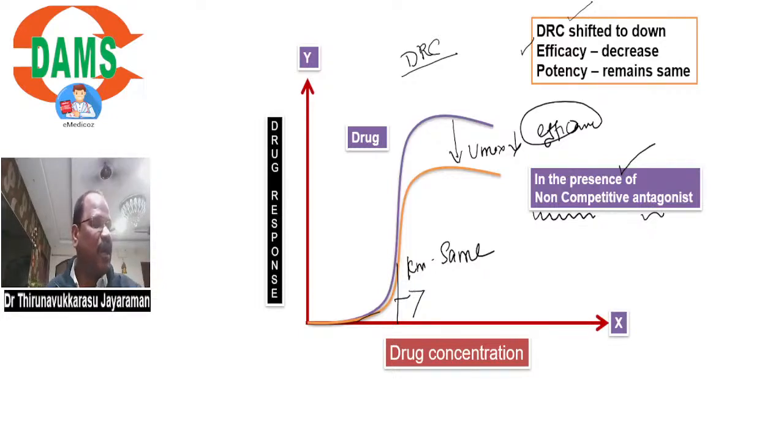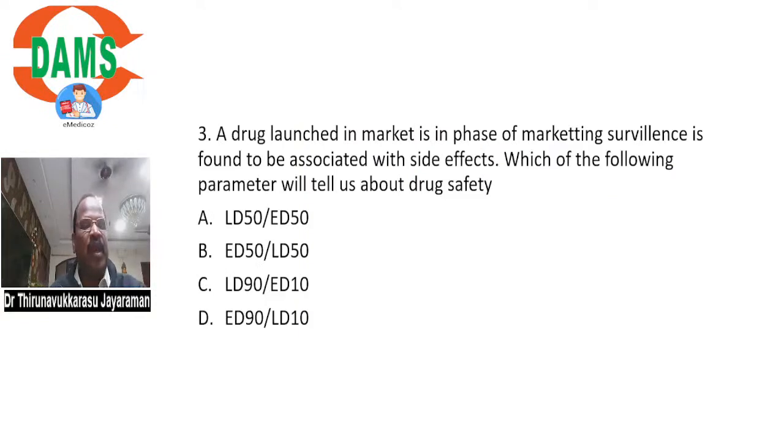Good. All are answering very nicely. Fantastic. Next. A drug launched in the market, in the phase of post marketing surveillance, is found to be associated with a side effect. Which of the following parameters will tell you about drug safety? Drug safety. Come on, answer.